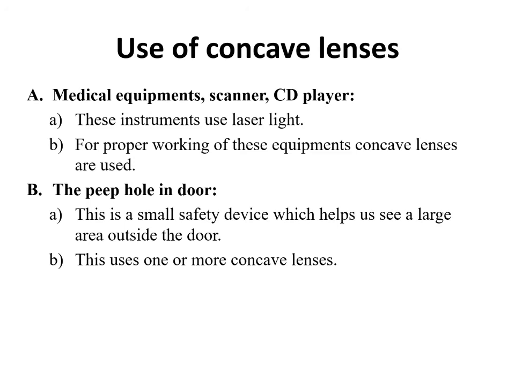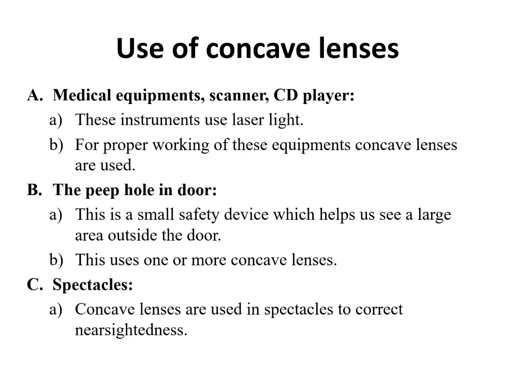Second use is at the door. The peep hole in the door uses a concave lens. This is a small safety device which helps to see the large area outside the door, and this uses one or more concave lenses also.